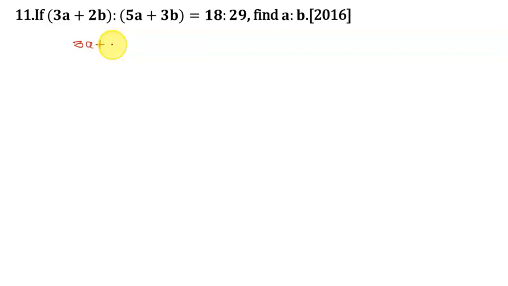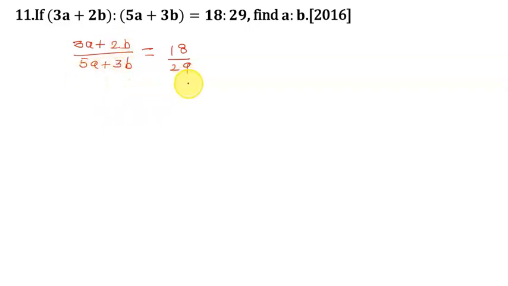Therefore here (3a + 2b) upon (5a + 3b) is equal to 18 upon 29. The coefficient of a in the numerator is different, and b is also different.